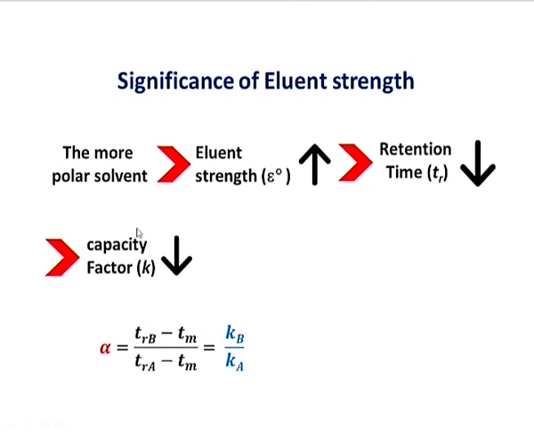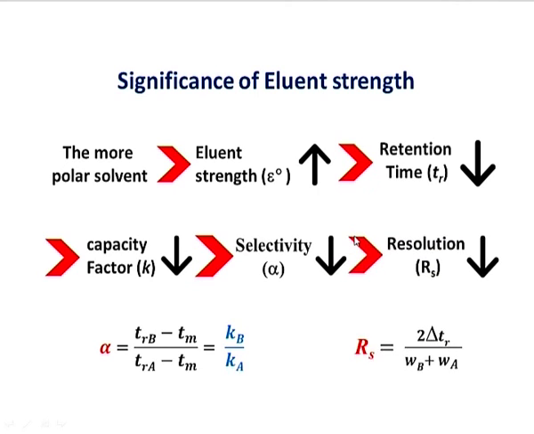As we know, capacity factor is directly proportional to retention times, and most importantly, less would be the selectivity of that particular chromatographic experiment, and lesser would be the resolution, since resolution is also directly proportional to retention time.